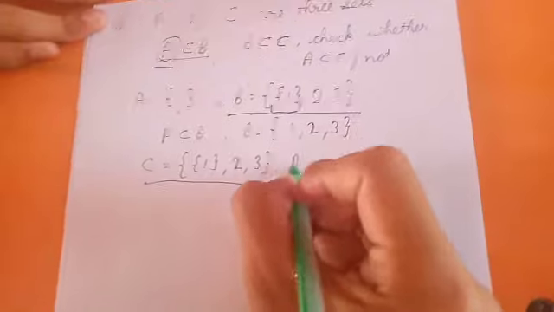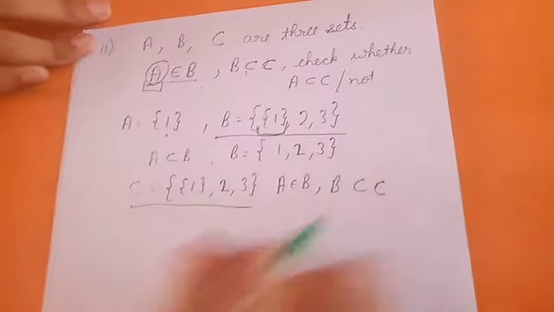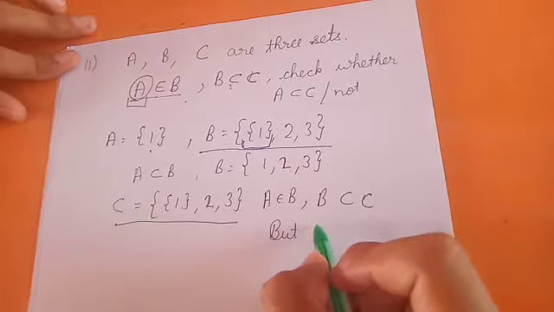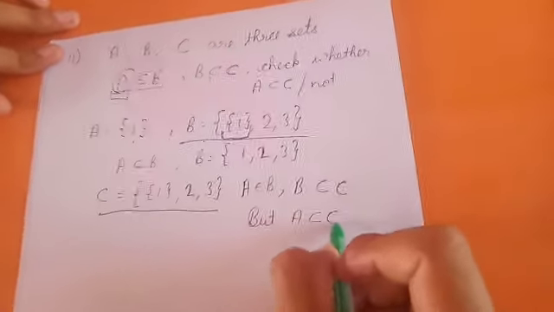B is a subset of C and A also belongs to B, but A is not a subset of C. Why is it so?